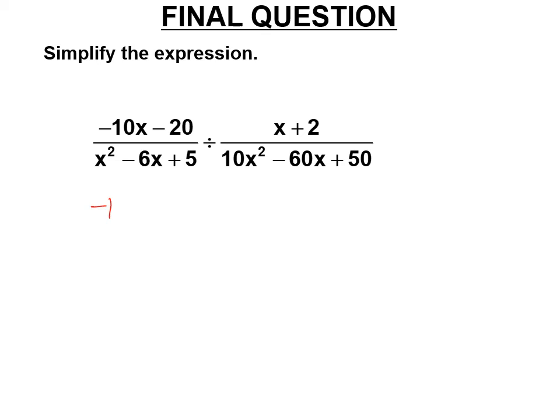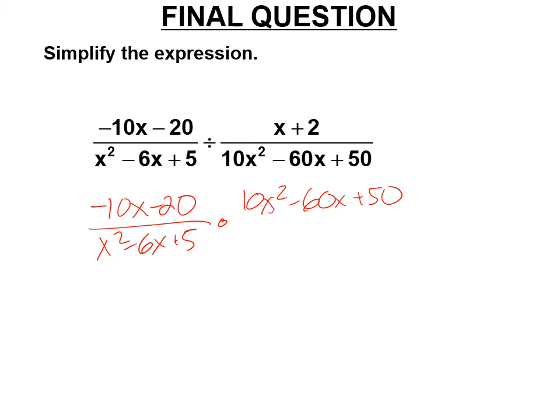All right, so we have negative 10x minus 20 all over x squared minus 6x plus 5, and then we've got to multiply by the reciprocal. Okay, now the easiest thing is let's try to find an x plus 2, right? So we're going to see if I can make an x plus 2 out of that. I take a negative 10 out of there, yes, and I can cancel the x plus 2's.